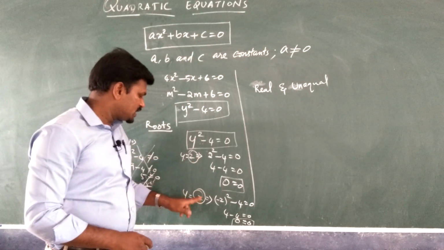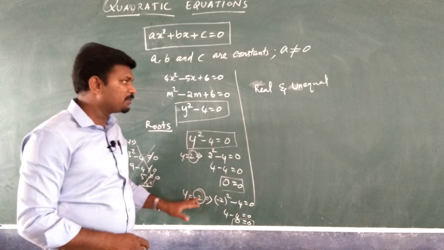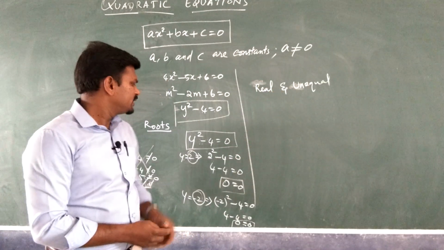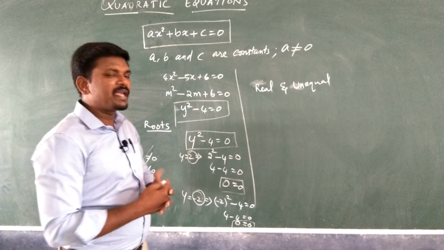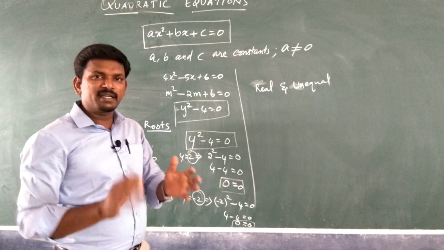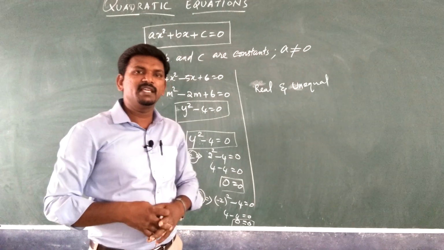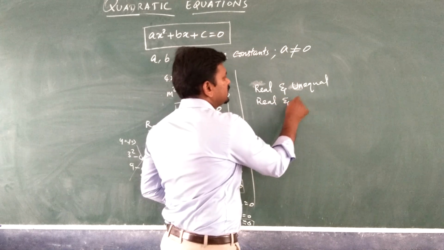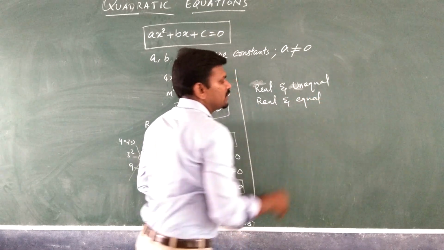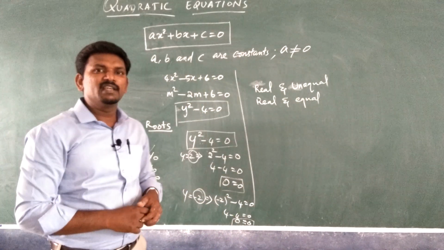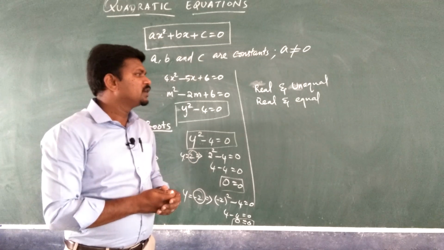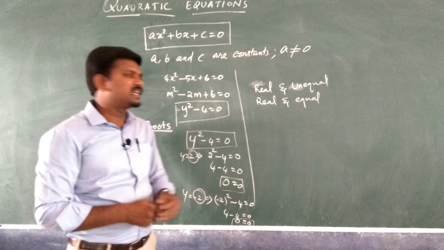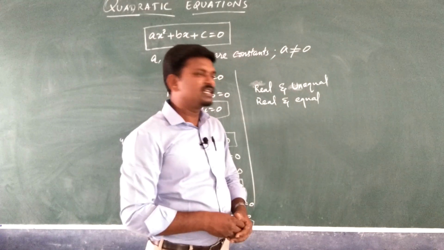So 2 is not equal to minus 2. In some questions we may get real numbers, but both the answers will be the same. So real and equal. When we solve the quadratic equation, we may get the solution 2 comma 2, 4 comma 4, the same number. So real and equal roots.